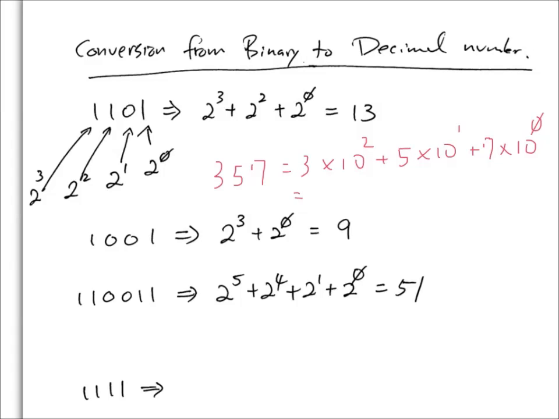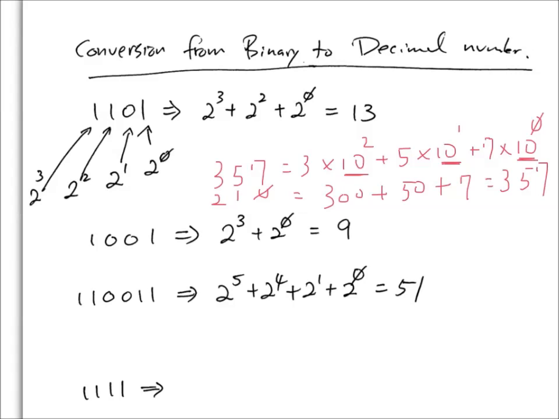So that is 300, and then 50, and 7, so it's 357. In the case of a decimal system, we use base 10. And when you calculate, as you can see over here, the exponents start from 0, then 1 and 2.